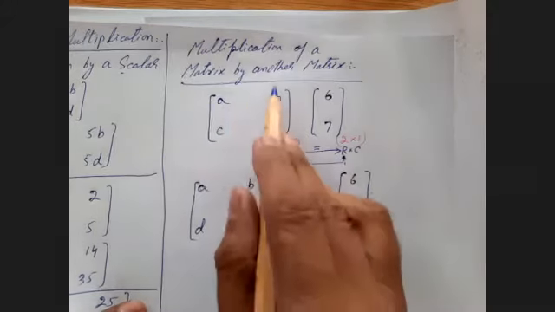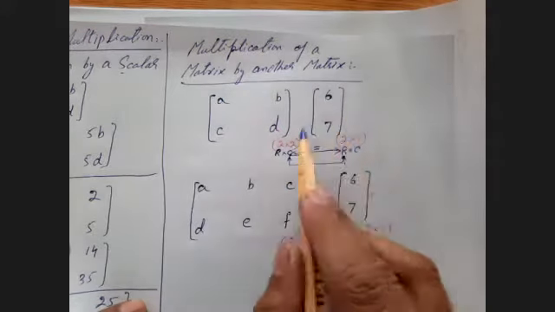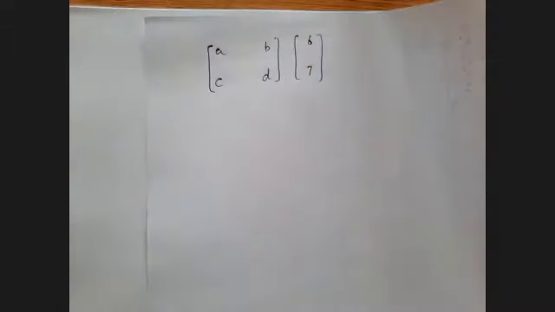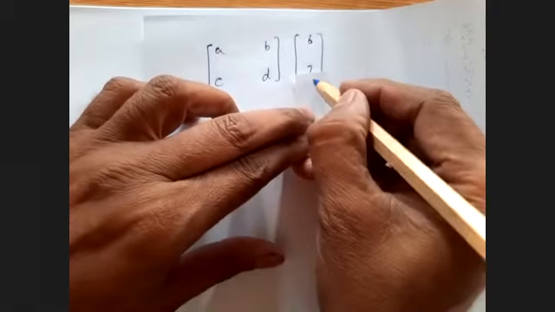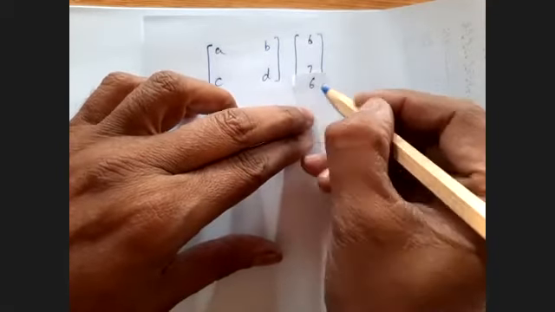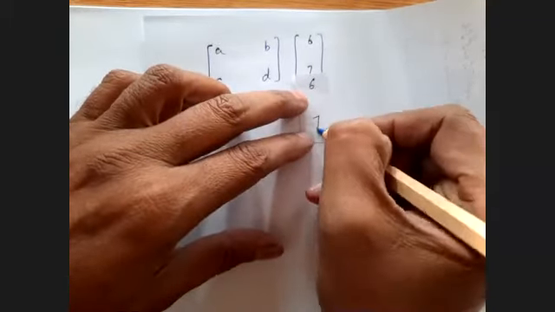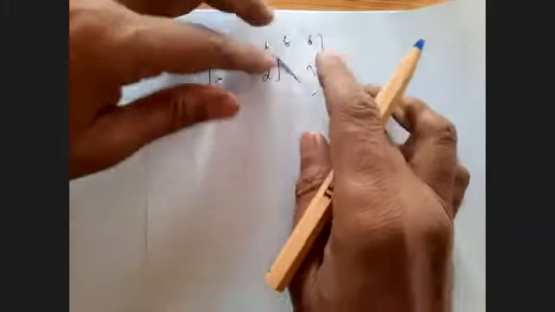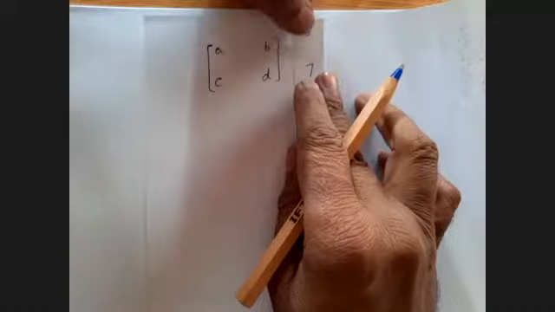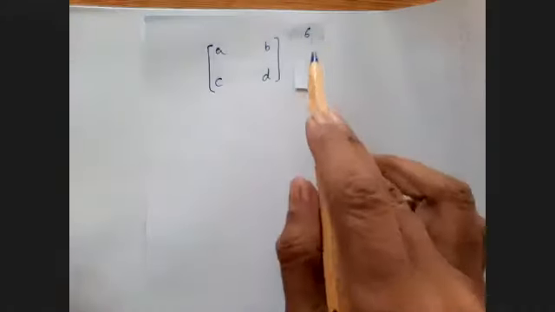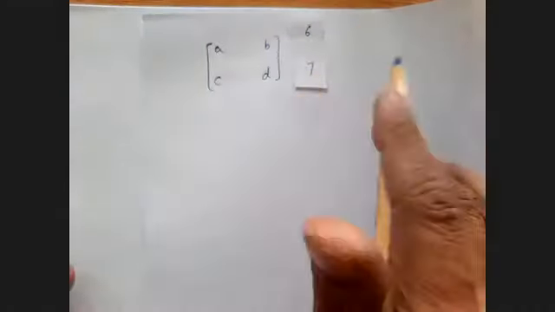So here there are 2 columns and here there are 2 rows. These are equal, so we can multiply. Now what we are going to do? I have made the entries of this column like this to show you: 6 and 7 of this second matrix.